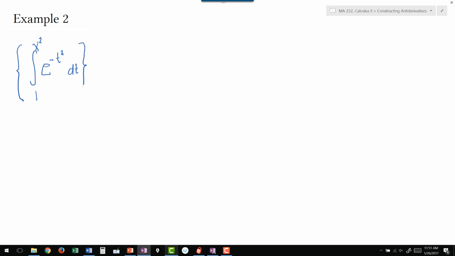So we want to take the integral from 1 to x squared of e to the minus t squared dt and find its derivative. It's useful in these cases to think of this in a couple of steps. First, define capital F of x to just be the integral if we went from 1 to x.